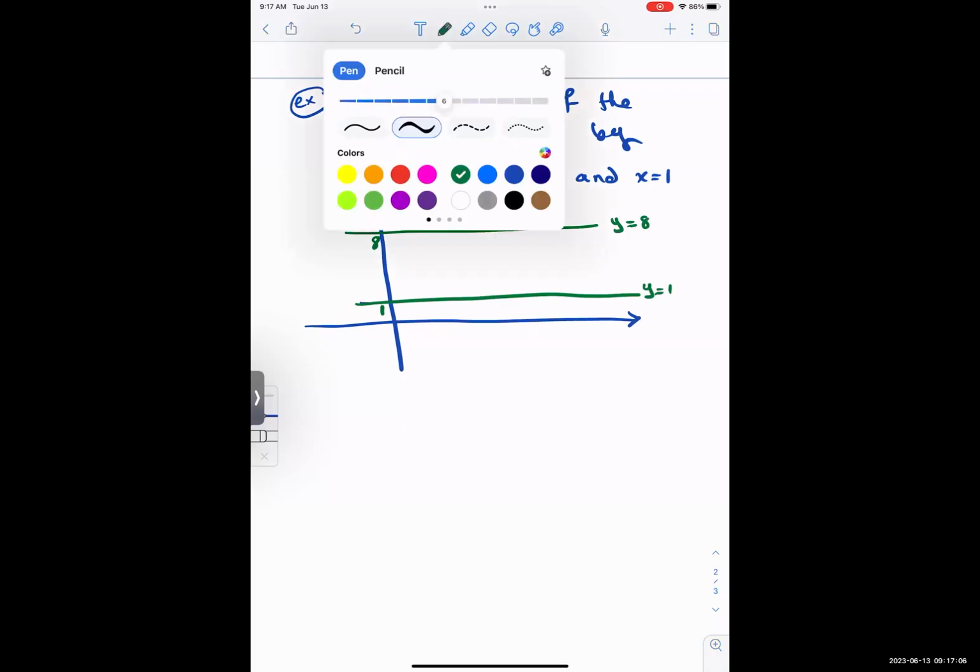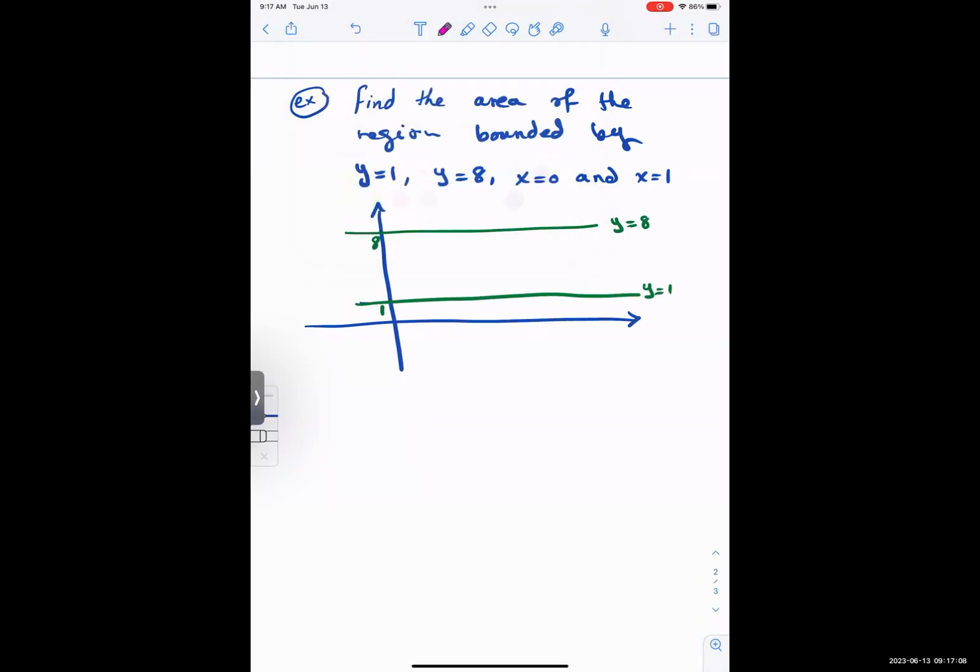You need to graph it, you need to understand it. So x equal to 0 is the y-axis, and x equal to 1, let's say here. So the area that is bounded is something like this. Without the use of integral, tell me what would be the area of this shape? What would be the area of the pink one?